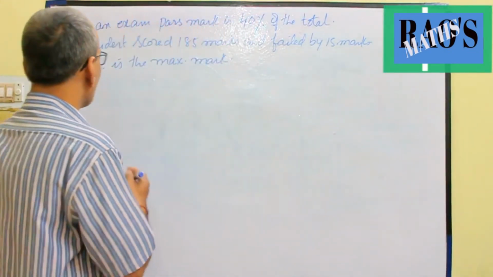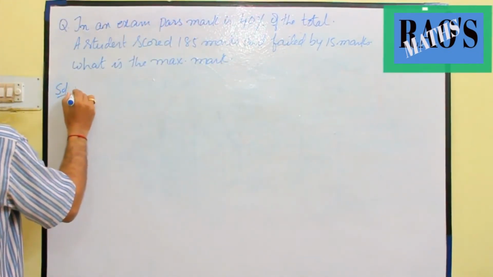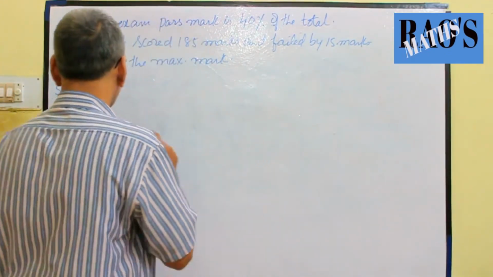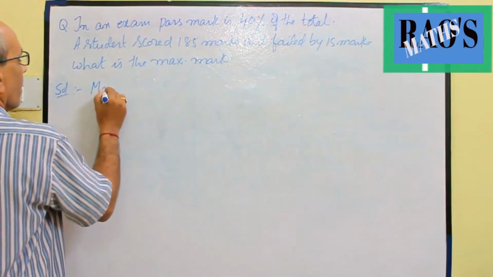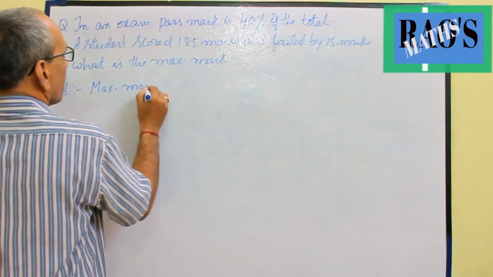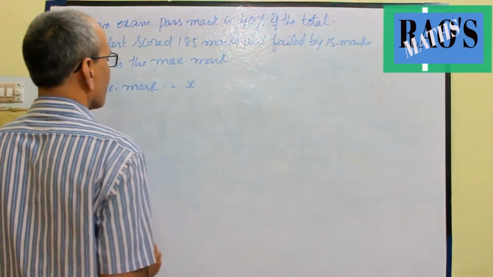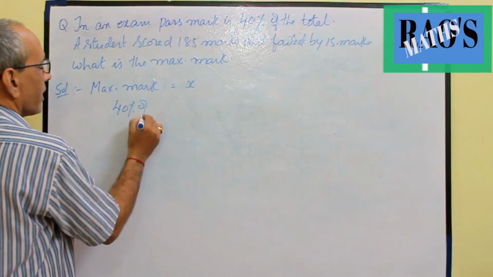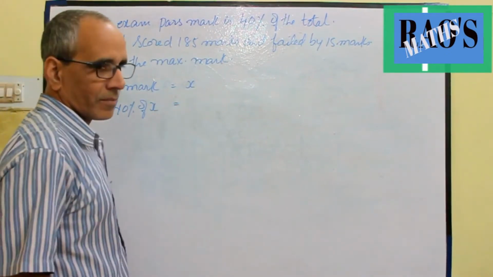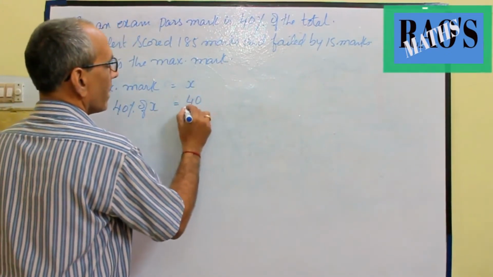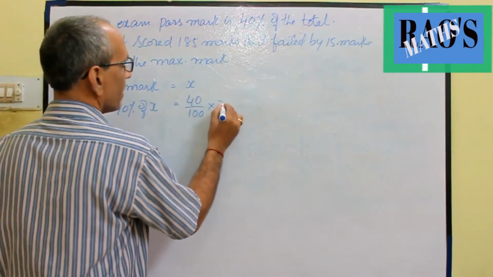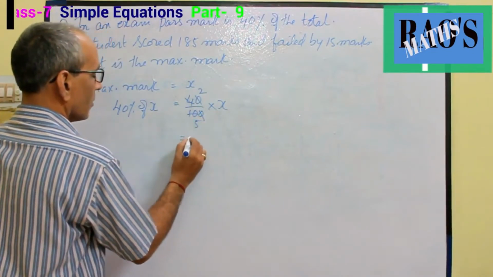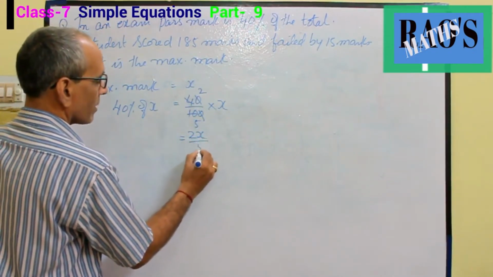Since it is unknown, we take the maximum marks as X. Maximum mark is equal to X. Then what is 40%? 40% of X is the pass mark. So 40 by 100 into X, so 2x by 5 is the pass mark.